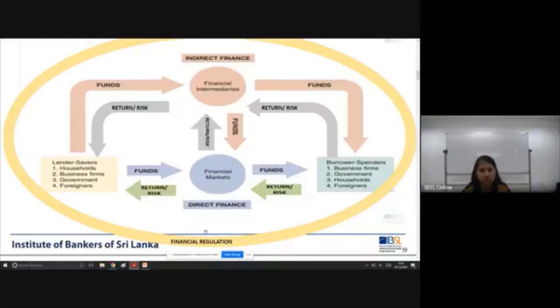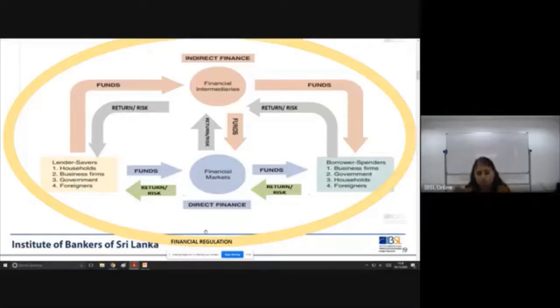Now you might be wondering, where are the financial instruments in this diagram? A financial instrument is an intangible product. Okay, if you put in a fixed deposit, you do get a fixed deposit certificate, but when it comes to shares and all, you can't show that you have a share.